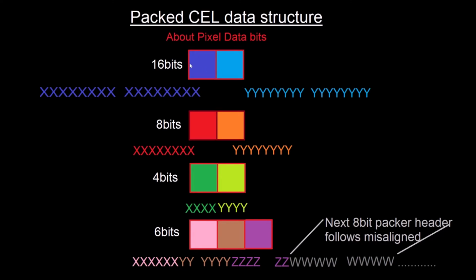If it's 16 bits per pixel, then see, I separated it, every letter here is a bit. So there are 8 bits and another 8 bits, 16 bits for one color and 16 bits for another. So for these 2 pixels there are 4 bytes. If it's 8 bits, it's 1 byte for the first pixel, 1 byte for the second.